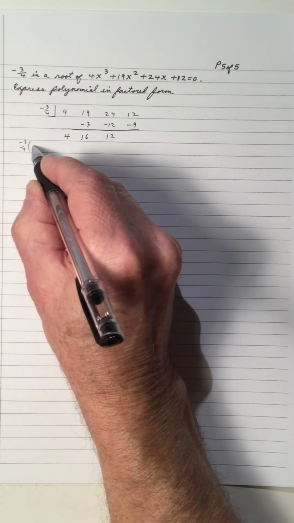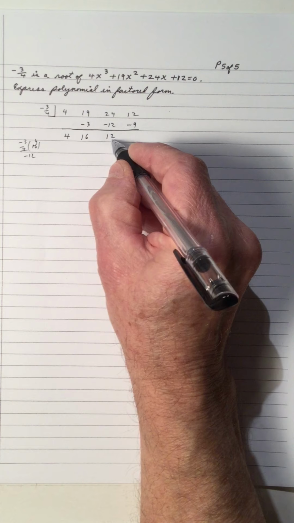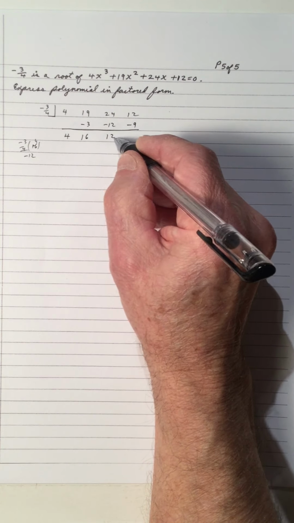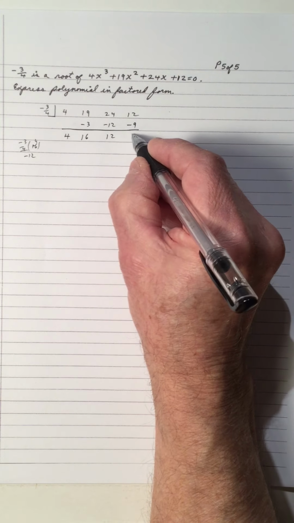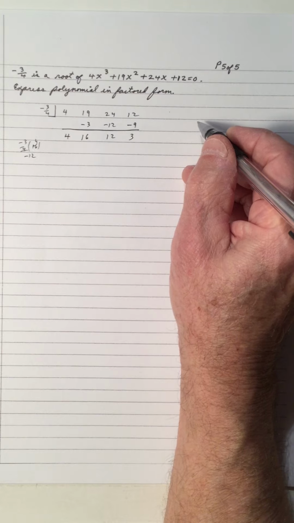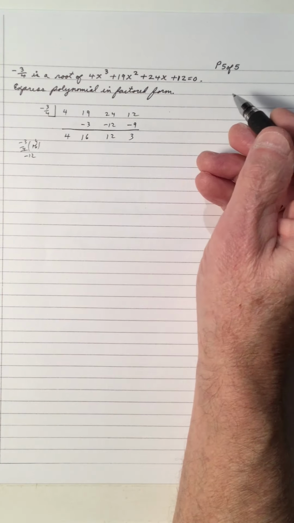Unless I can't multiply correctly, 4 times -3 is -12, and 3 times -3 is -9, there's a 3. So -3/4 is not correct. -3/4 is not a root.